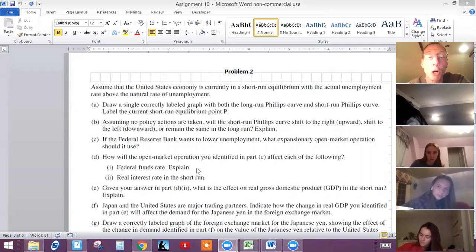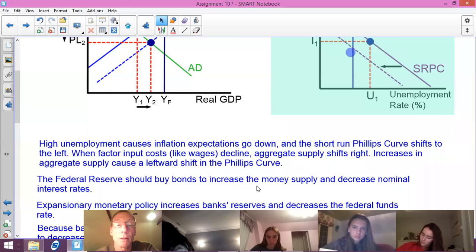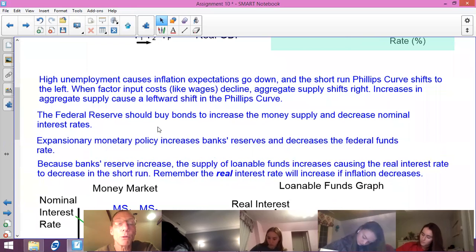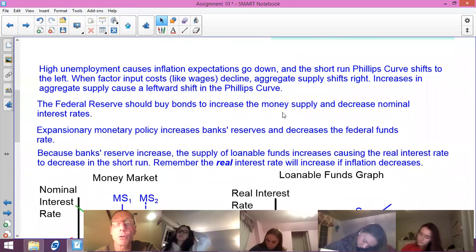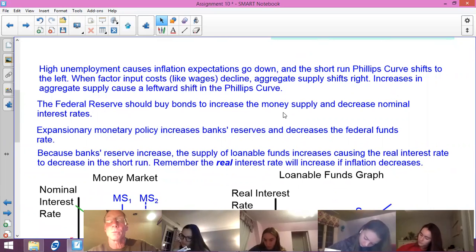And how will the open market operation you identified in Part C affect the following: the federal funds rate and the real interest rate in the short run? So let's jump back over. The Federal Reserve should buy bonds to increase the money supply, and that will decrease nominal interest rates.